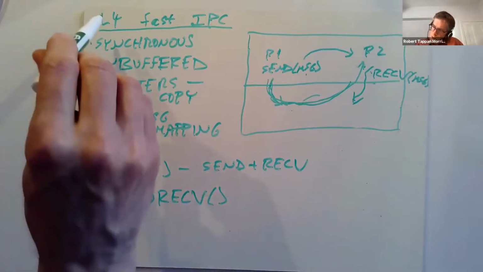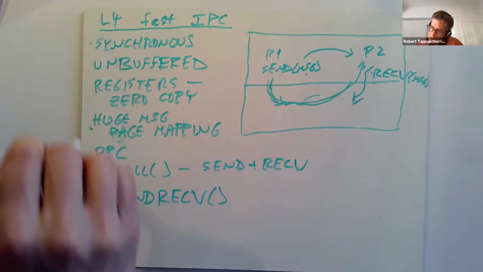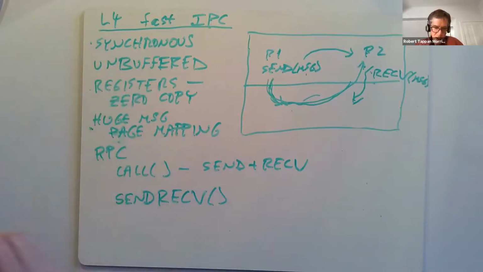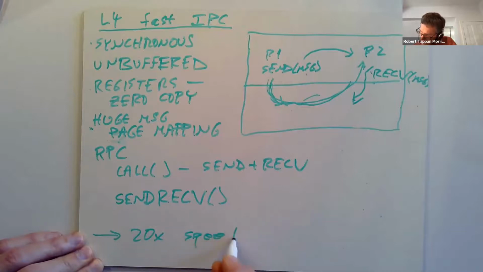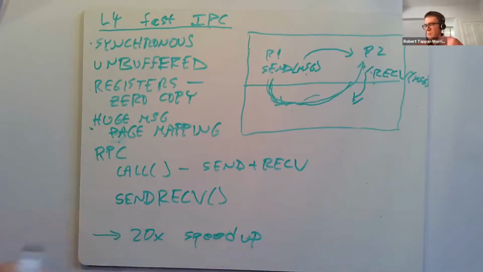And it turned out that the sum of all of these optimizations, for the kind of short RPCs, which are one typical workload, led to a 20x speed up. This is what their paper reported, 20x speed up over their previous system, which was presumably a little bit more like what I showed in the previous design.